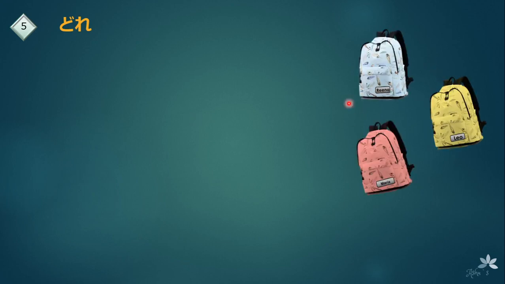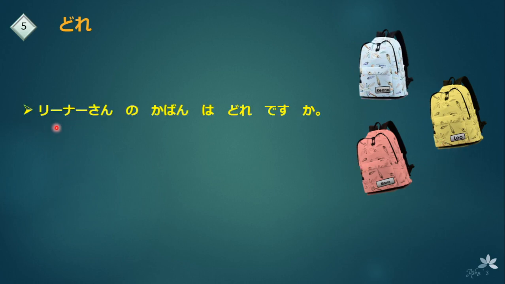The next one is dore. Dore is the interrogative for kore, sore and are. Dore means which. Now here there are three bags. One belongs to Reena and one belongs to Maria and one belongs to Mr. Leo. Now let's ask, Reena-san no kaban wa dore desu ka?